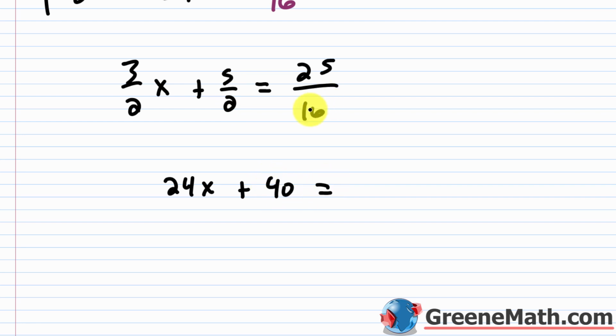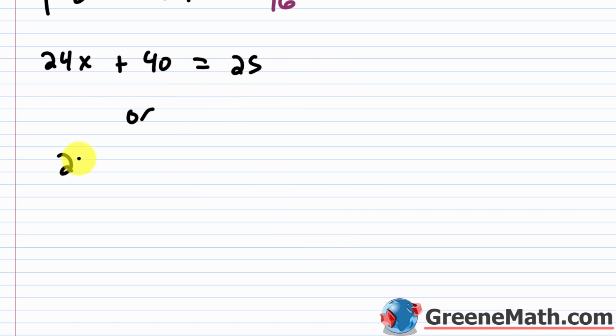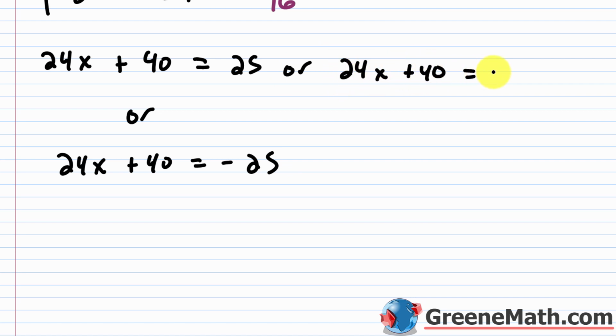And then this equals, obviously the denominator of 16 there would cancel. So this would set up the same for the next one. You would just go or, and this would be negative 25 instead of positive 25. Let me actually just erase this real quick. And then we'll say 24x plus 40 is equal to negative 25. And actually I should probably just do this over here so I can fit this all. So 24x plus 40 is equal to negative 25.